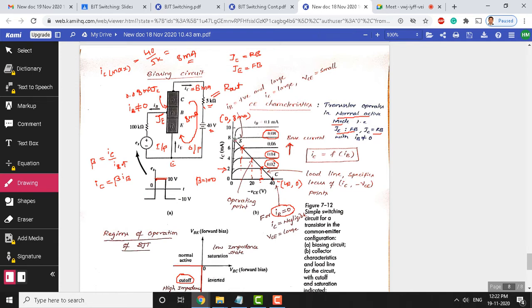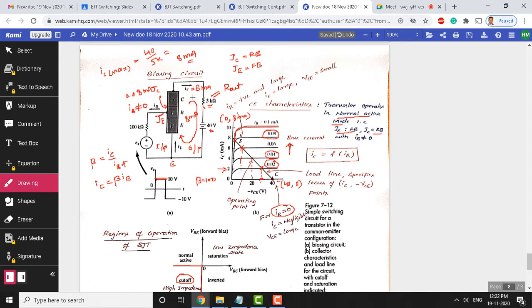Now the device is operating completely in saturation. If you increase the base current even further, the BJT will not reach beyond this. Even if you provide a base current of 0.1 milliampere, the current in this loop will be limited to 8 milliampere itself; it cannot exceed this.